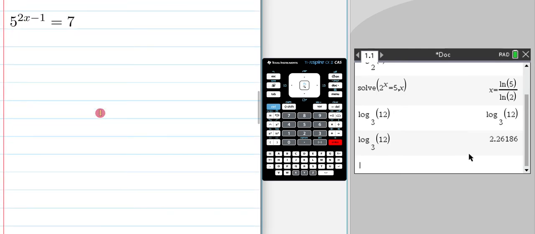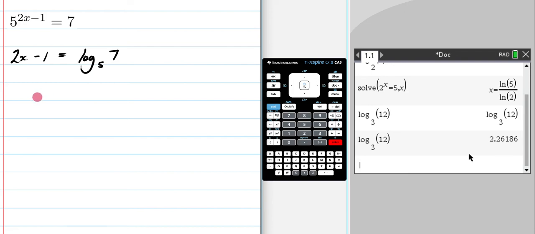Let's go down to this one. To answer this, we're going to be using the exact same logic. So this right here, my exponent, is going to be my answer. Then it's going to be equal to log of my base, which is 5. My argument will be 7. I now am going to rearrange this to get x by itself.